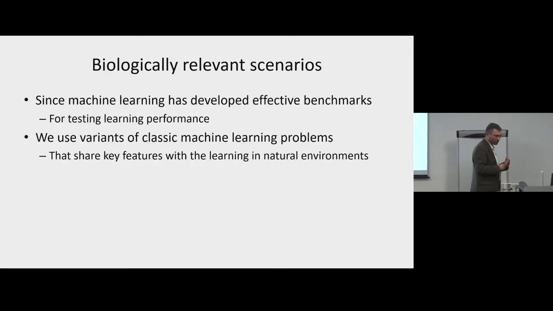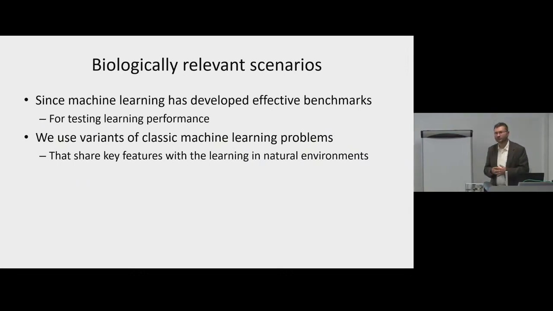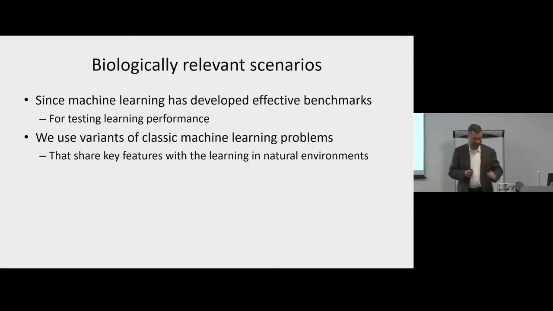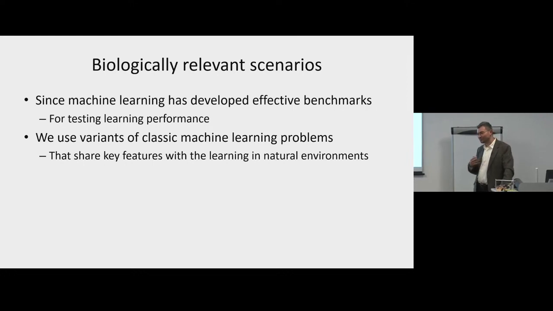Now we wanted to see if this model has an advantage in various biologically relevant learning scenarios. Since machine learning has developed many benchmark tests, we're using benchmarks from machine learning, but we slightly twisted them to make them more similar to what a biological neural network would have to experience.